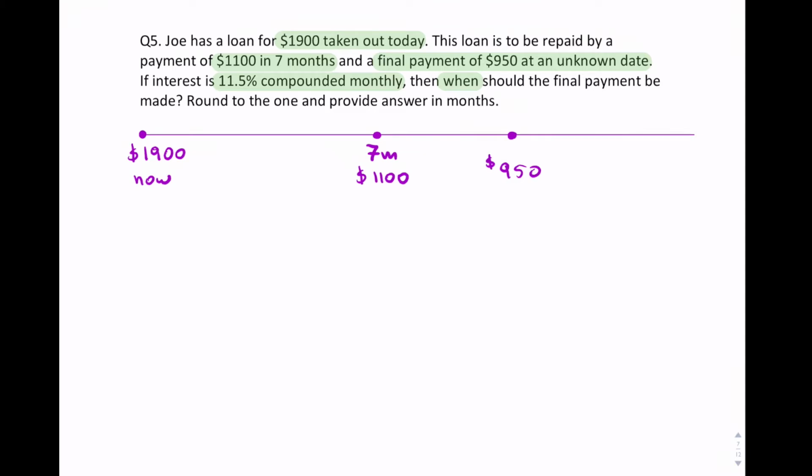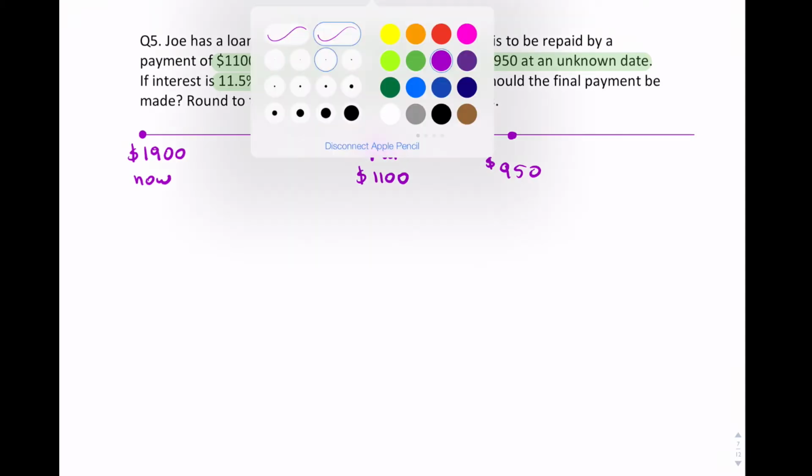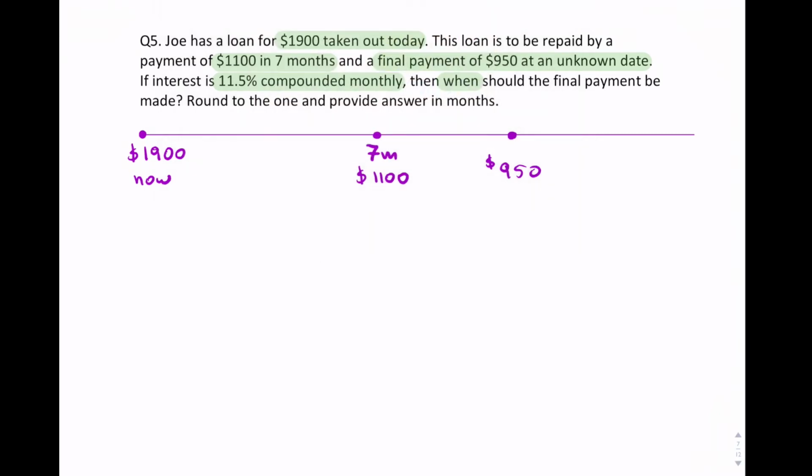Now, what do we know? Our loan is equal to the repayments. Those must be equal at a focal date, at the same time somewhere. Now we can choose a focal date.